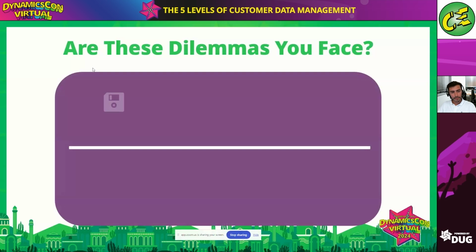And finally, are these some of the dilemmas that you face? Some questions that I won't go into too much detail in, but something you might want to take away to your organization. Is it better that you keep the data, or do you upgrade the application? Some organizations say, it's the application, it's D365, it's this, it's that. 70% of CRM implementations fail because of poor quality data.